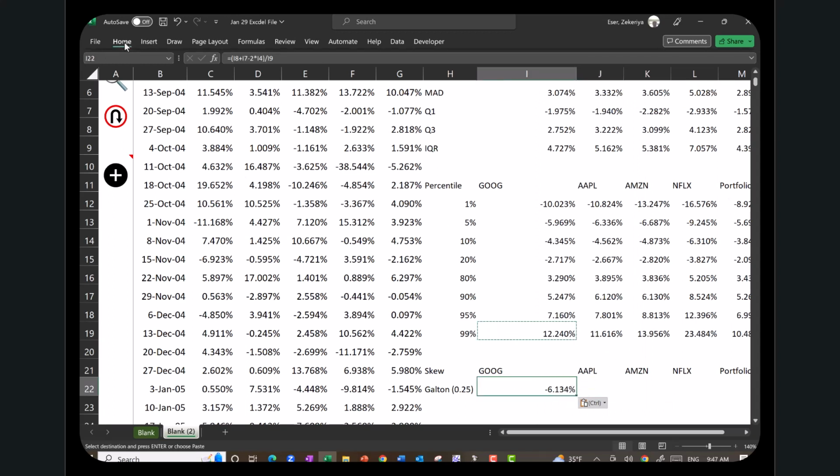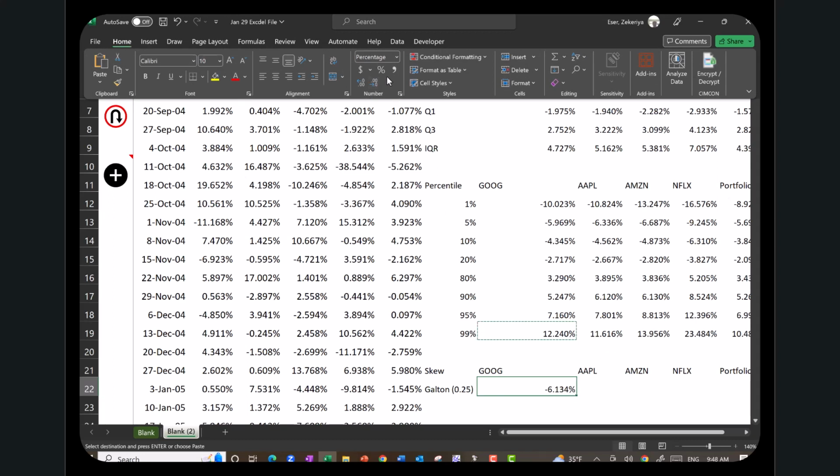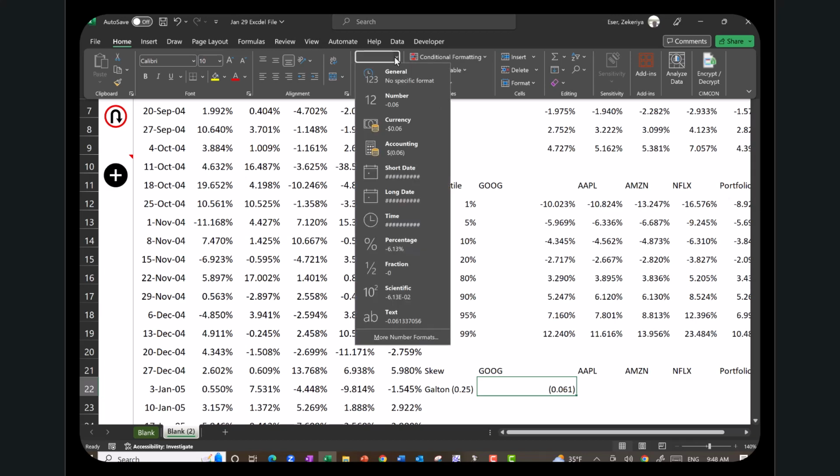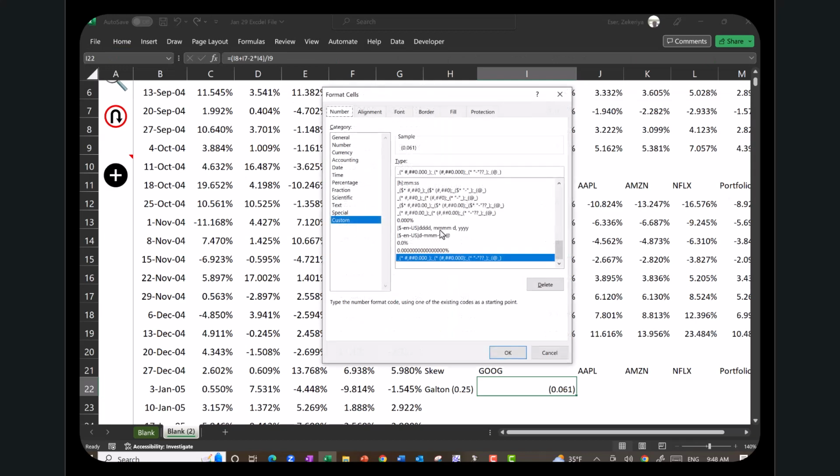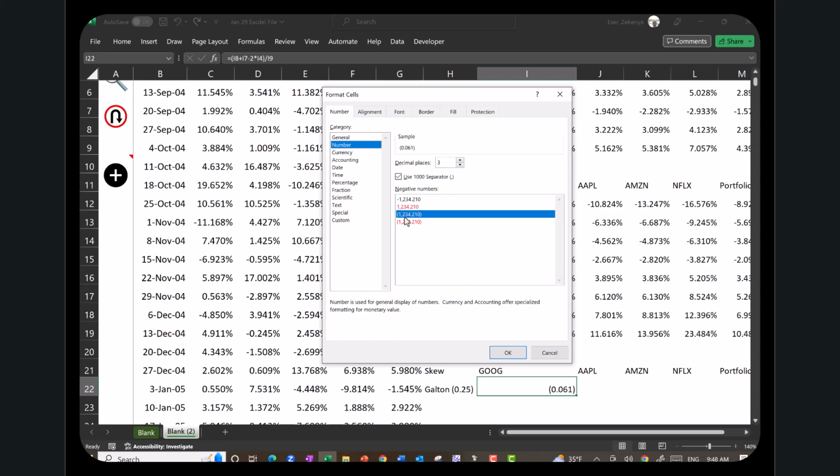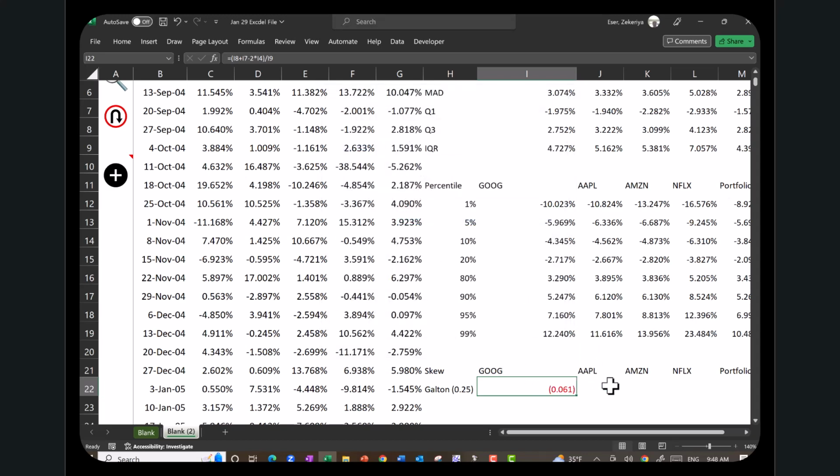Actually, I want that number to be... whenever it's negative, I make it right. Okay. Sometimes you may not see the things.